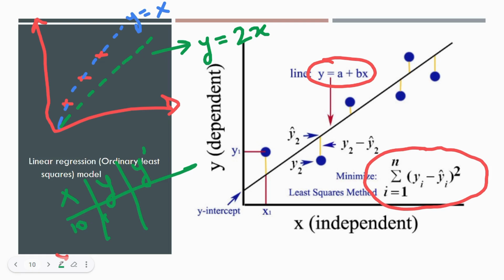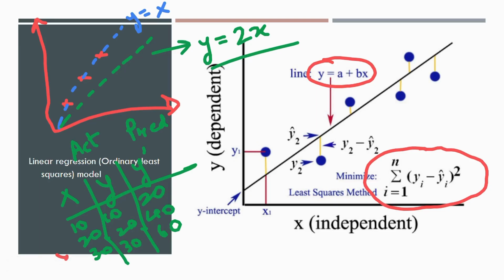We have 10, 20 and 30, but the prediction is y equal to 2x, so it is 20, 40 and 60. In that case, there is a large error because there is a difference between the actual and the predicted. There is a difference here because the model is wrong.